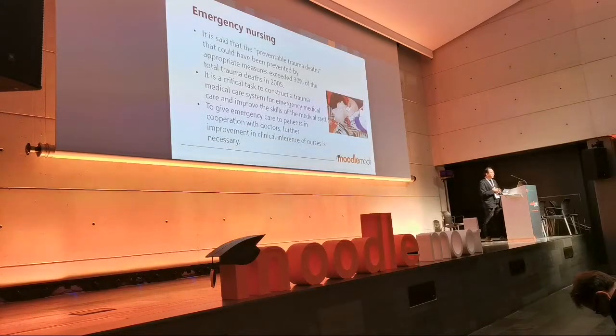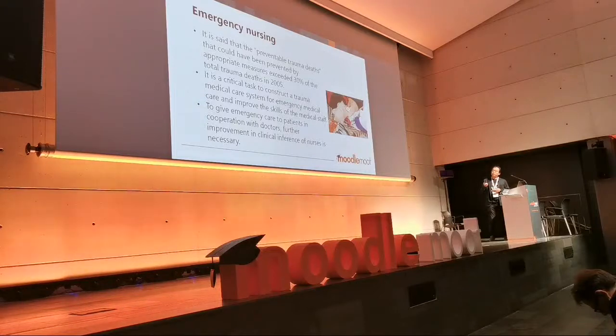The last is emergency nursing. It is said that preventable trauma deaths, which could have been prevented by appropriate measures, exceeded 30% of the total trauma deaths in 2005. That's quite a high rate, I think. That situation is in Japan, but I heard that in other countries the situation is almost the same or even worse.